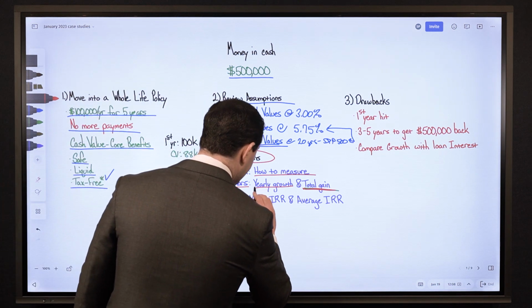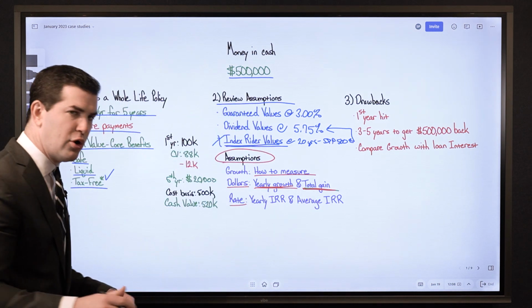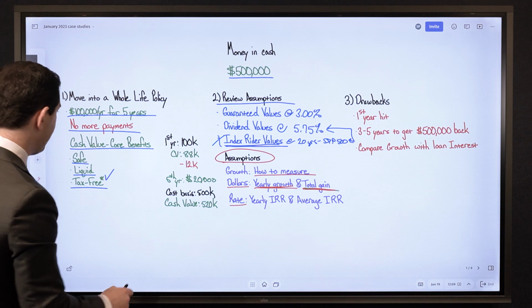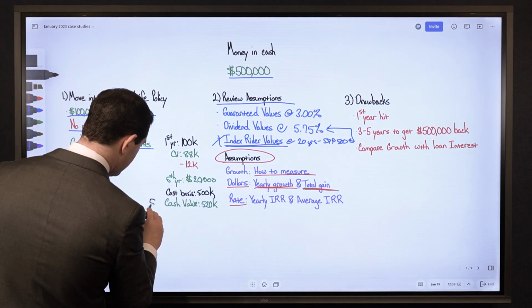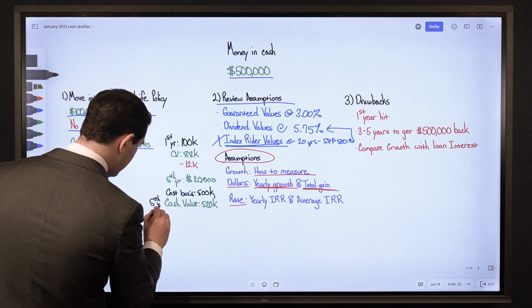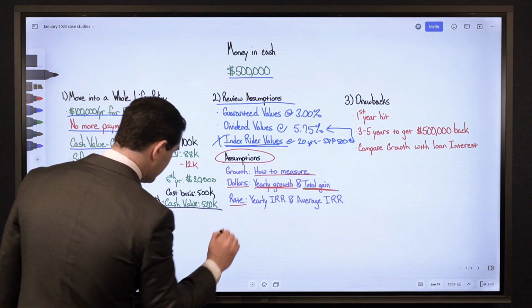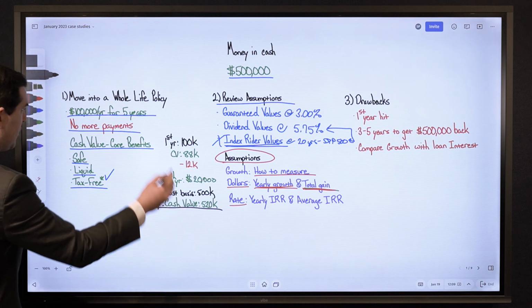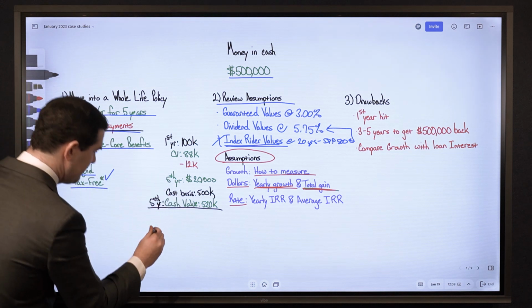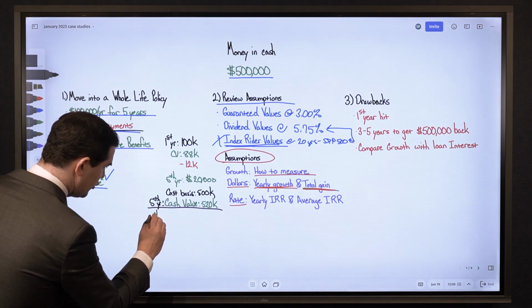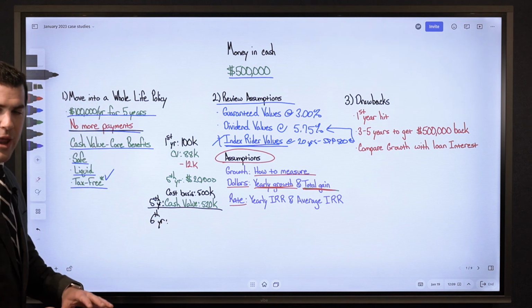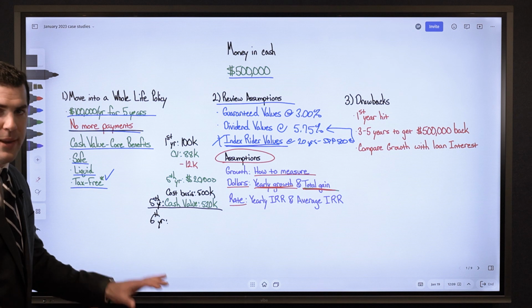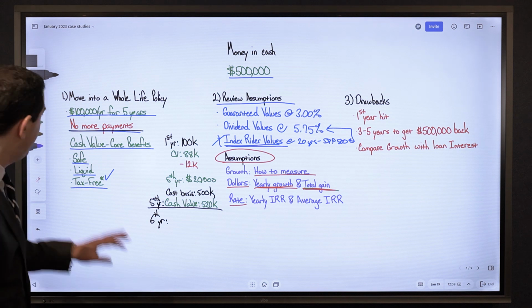The yearly growth measures the growth on a yearly basis. So for example, we mentioned earlier that at the 5th year, your cash value is $520,000. No more payments after the 5th year. So by year 6, we don't pay anything in, meaning any growth we receive is purely based on what we received from the insurance company.